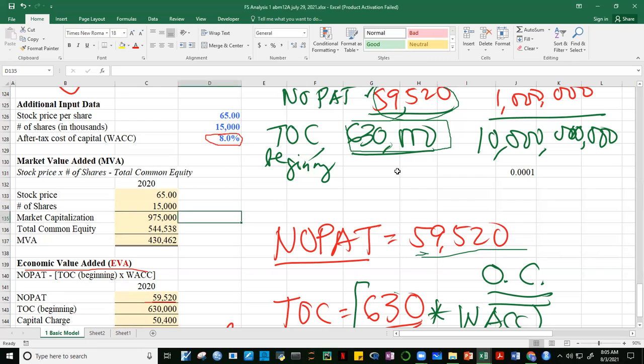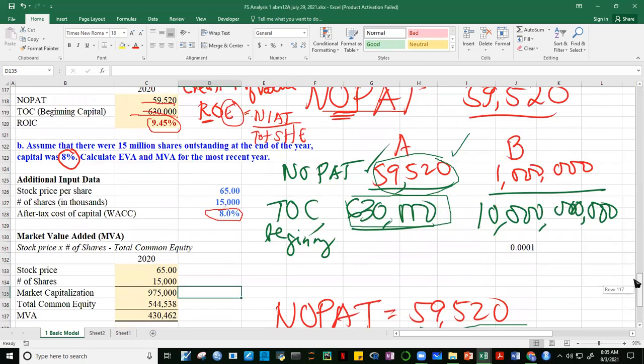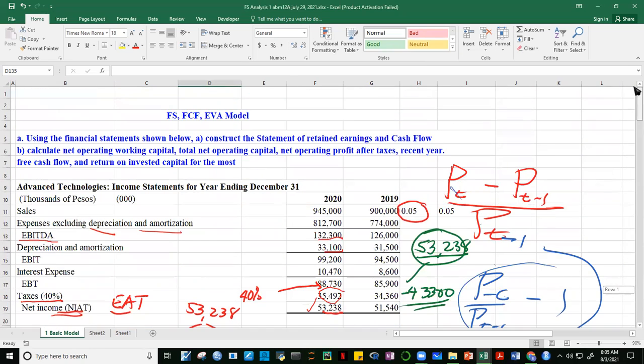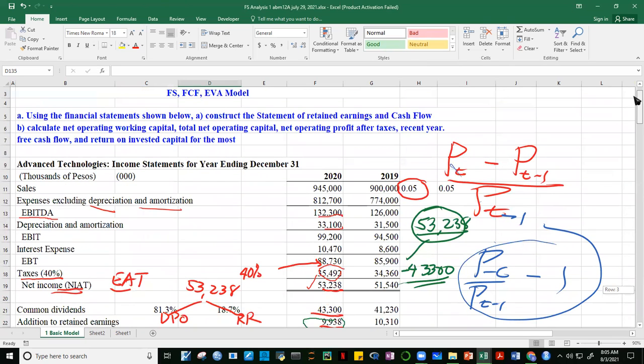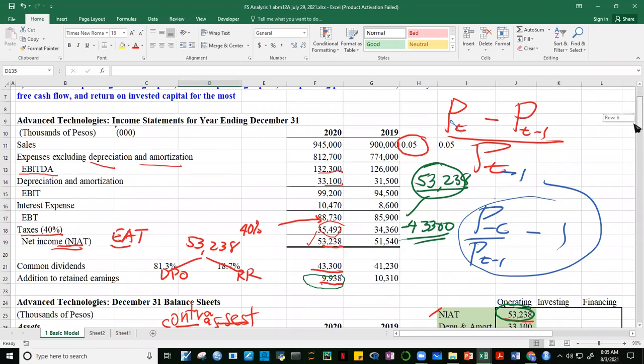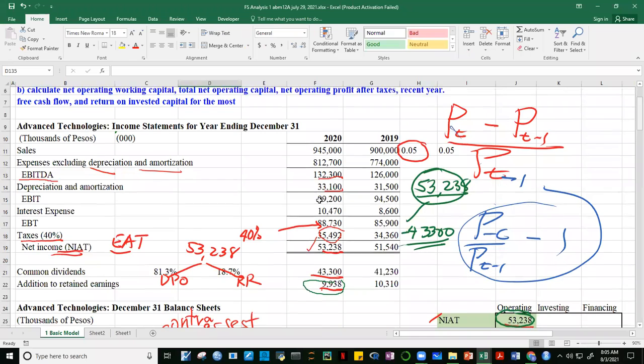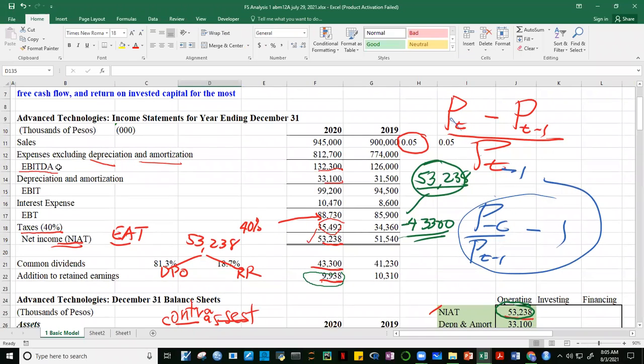Okay, so let me just summarize everything, guys, and then we'll end this worksheet. In this worksheet, we learned how to compute measures like EBITDA, net income after tax, net operating profit after tax.